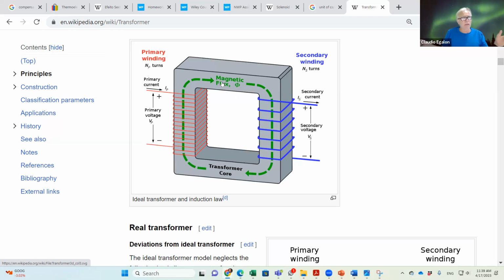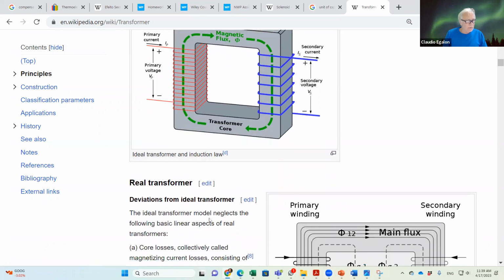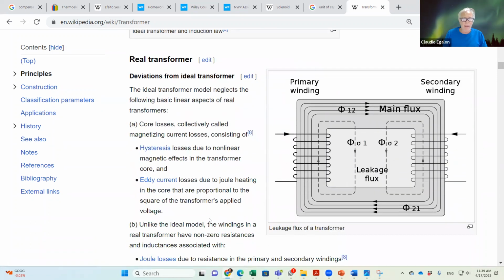If you were to take the transformer core out, the magnetic flux would be very small because the magnetic field outside this solenoid would be almost zero, right? So that's the way they found to build practical transformers. Okay, so here you go again.